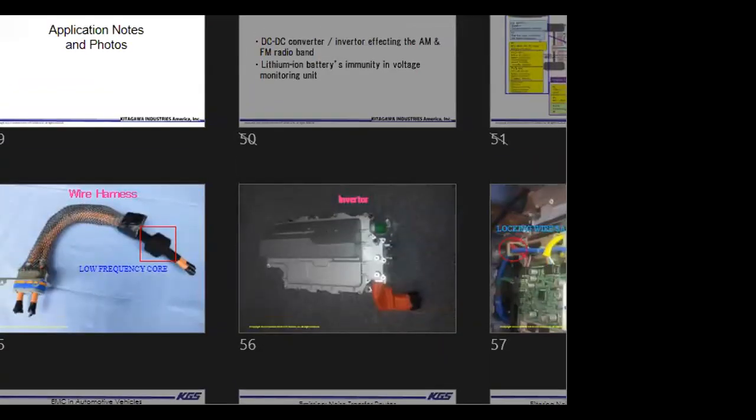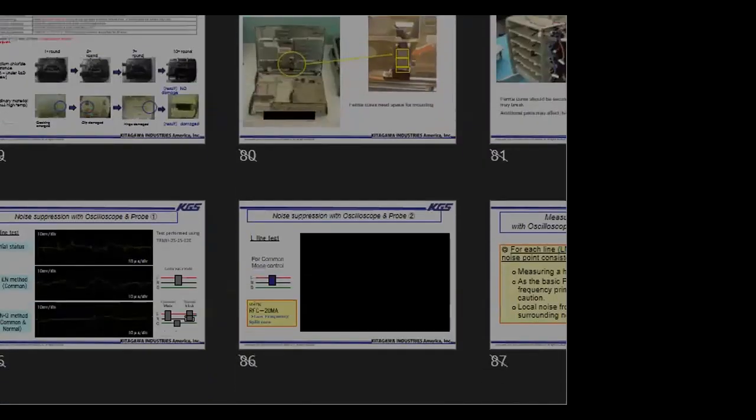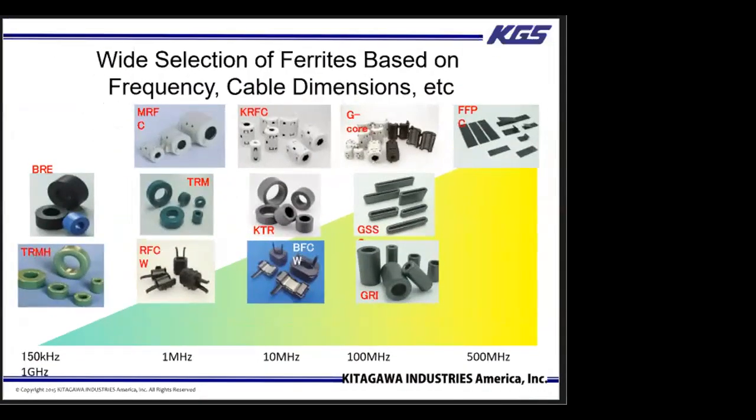Let me go back to this slide where I had the overall range of the selections of the ferrite core. For the filtering part, the frequency usually goes from 150 kilohertz all the way to 1 gigahertz. That's where the ferrite materials will work. At around 250 kilohertz, you definitely need to select the right low frequency material of the core to target those frequencies.